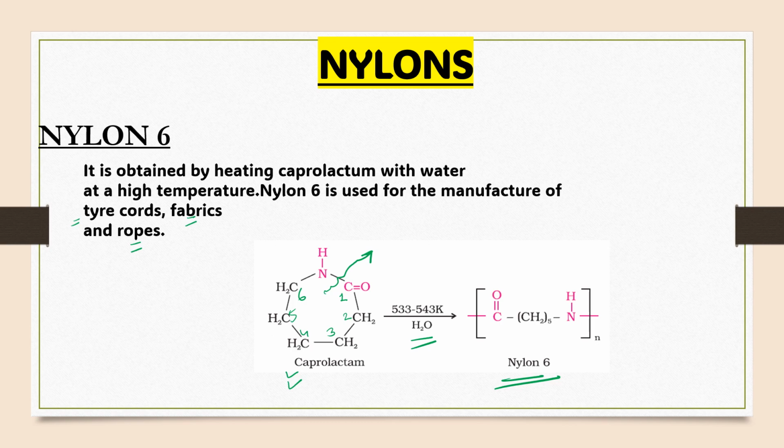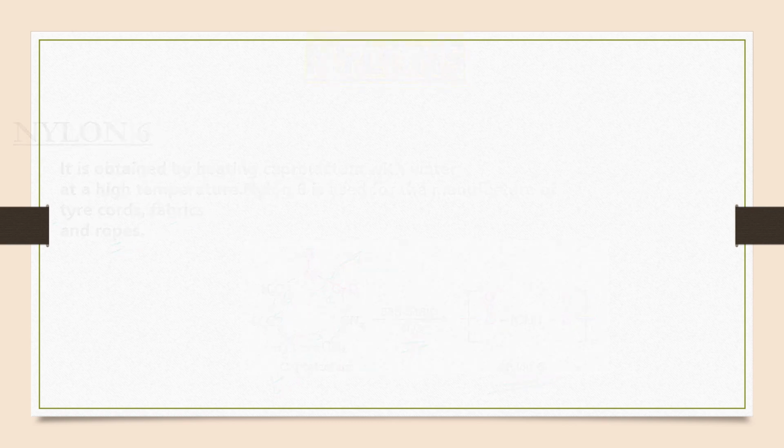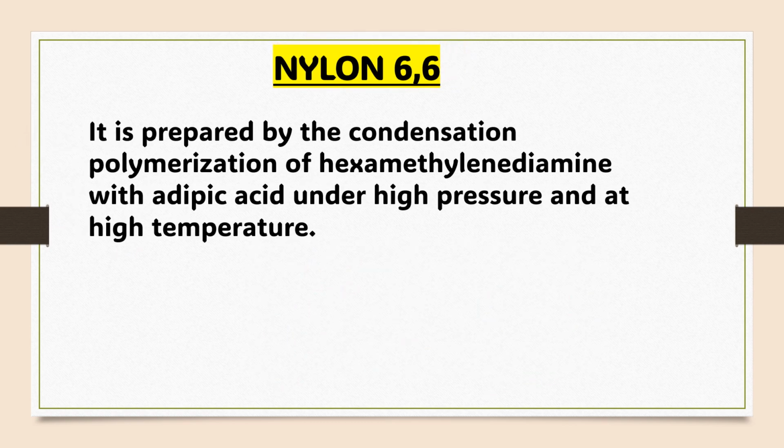Next, we have to study nylon 66. So, why is the name nylon 66? Because the two monomers, monomer 1 plus monomer 2, both have 6 carbon atoms each. That is why its name is nylon 66. Example we will see next.